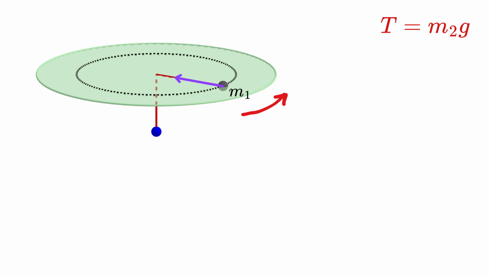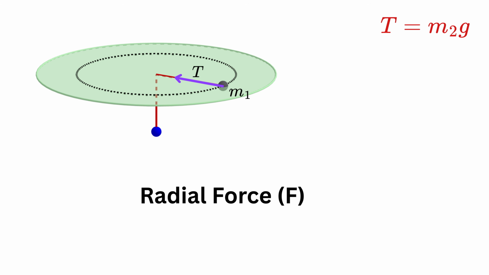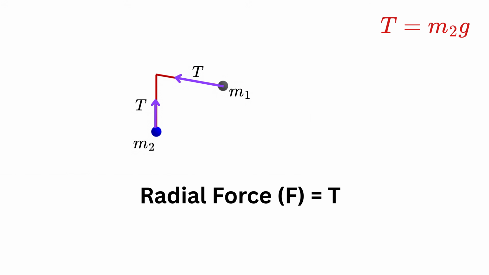In this setup, the only force that can provide this inward pull is the tension T in the string. Therefore, the radial force, which we will call F acting on the puck, is equal to the tension T in the string. The same tension T will act here because the string is light and inextensible, so it transmits the same pulling force throughout its length without any loss.